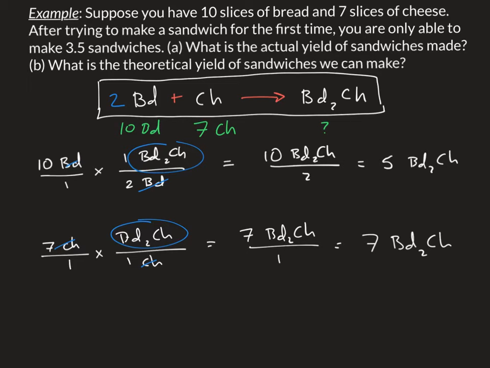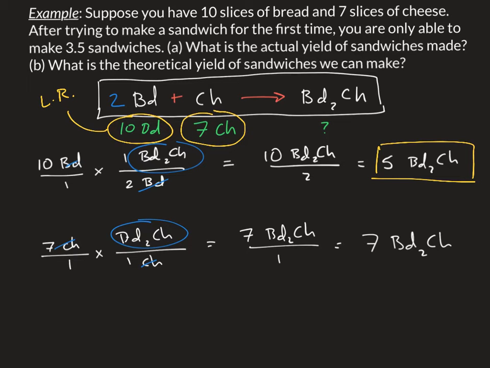So this guy right here, our 5 sandwiches, is the most that we can make, which means, okay, that bread is our limiting reagent. I'm going to put LR for limiting reagent. And our 7 slices of cheese, this is our excess reagent, ER.